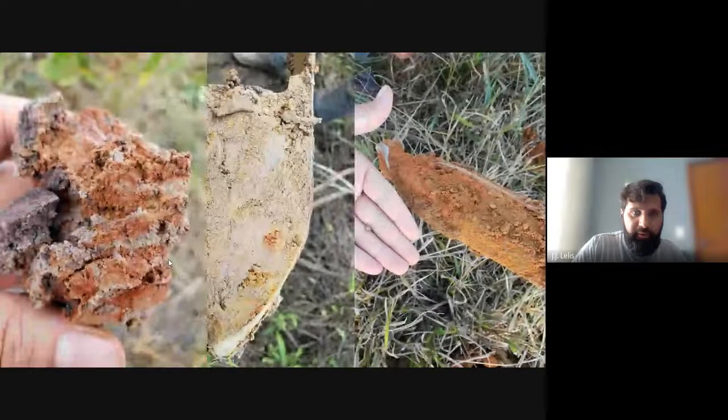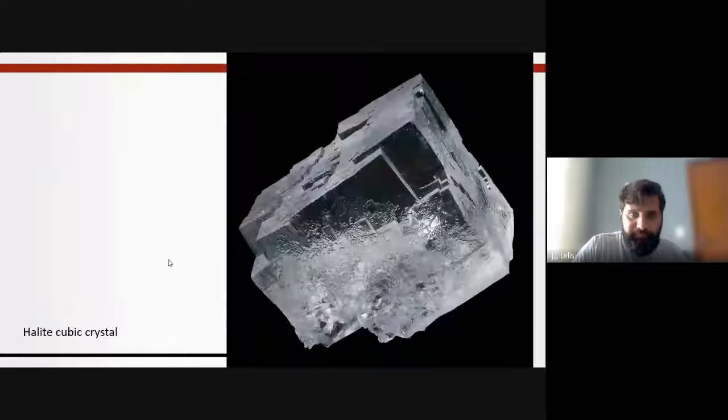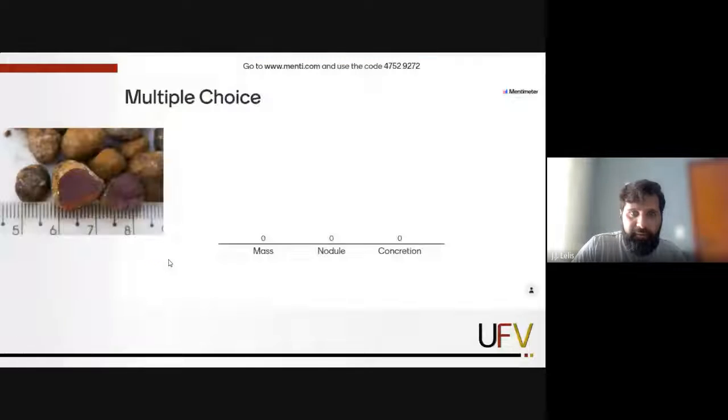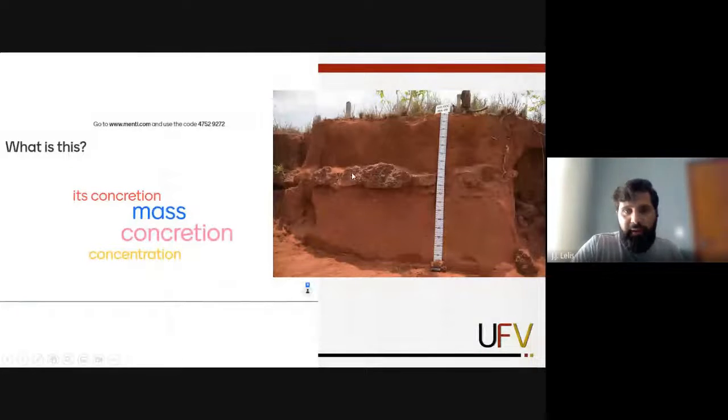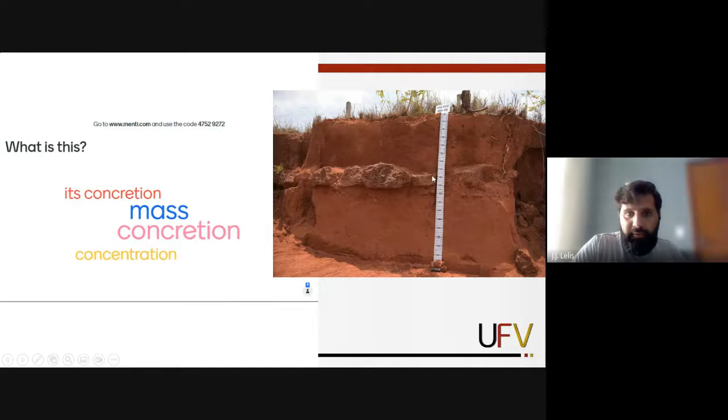This material here. Let's see here. It's platy because it's a horizontal distribution. Okay. It's an ironstone and it's a nodule. Okay.